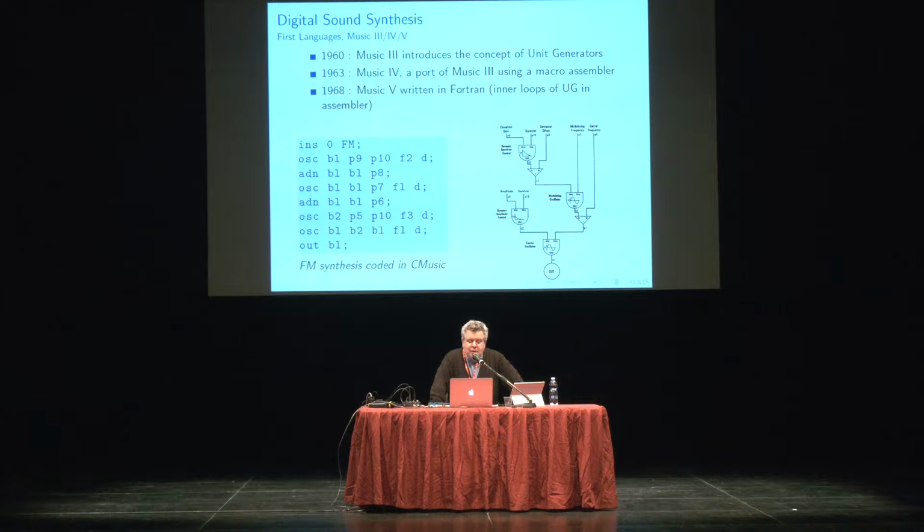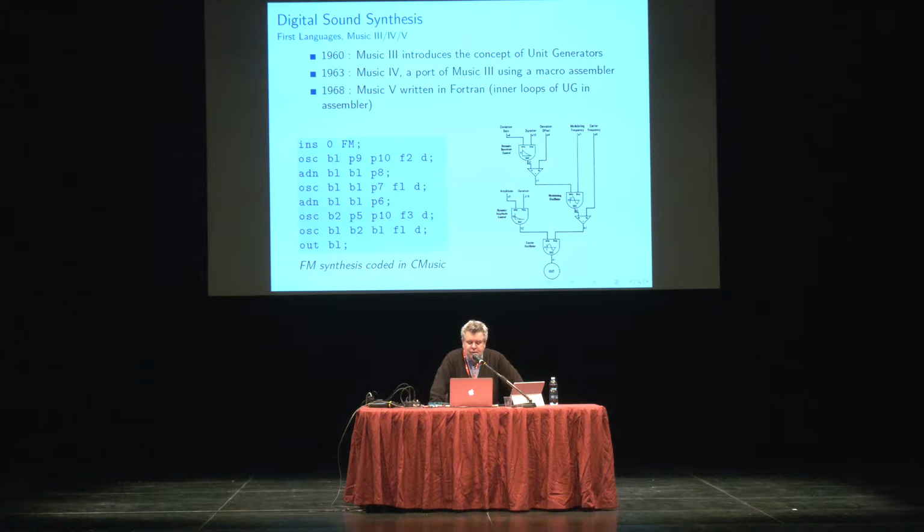So the one that was really widely used was Music 5, and it was used in particular for the early experiments in sound synthesis. For example, Jean-Claude Risset worked a lot with Music 5, and many composers worked with Music 5.